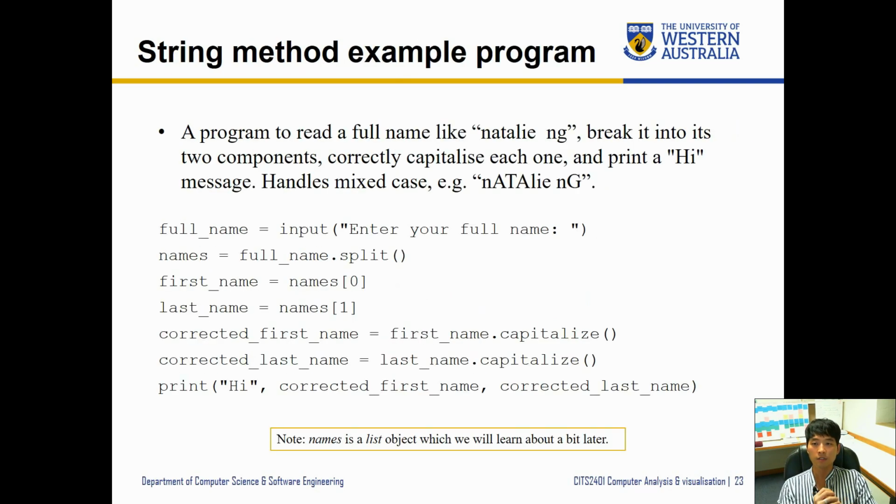All right, so here is an example program to test string methods. Okay, so for example, what this program does is it takes the full name, the first and the last name, using the input, which we have seen in our previous video.